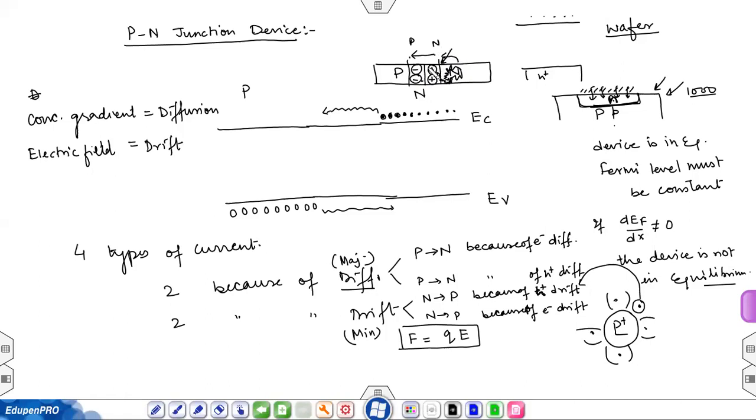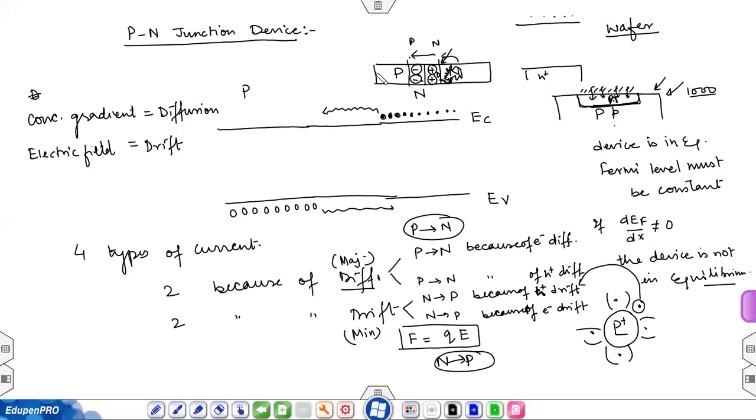So this electron cannot move further from N to P. Whenever these two currents, diffusion is P to N and drift is N to P, become equal, we call it an equilibrium in the device.